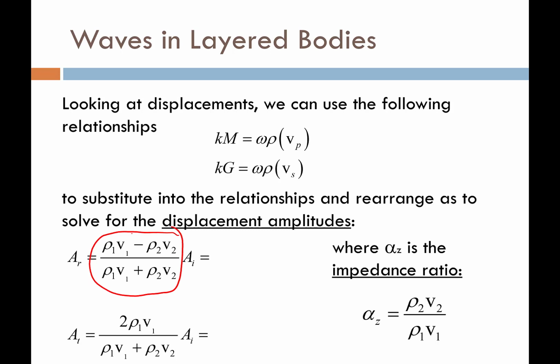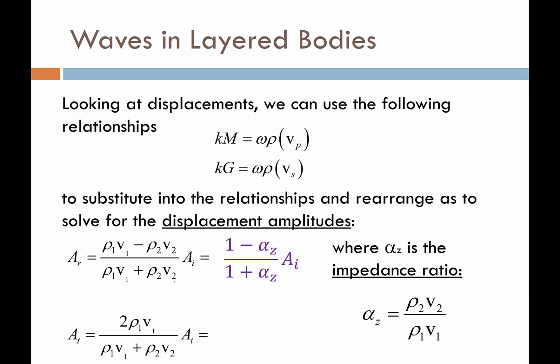You can see it's properties of the first material, the mass density and the propagation velocity of that material, and it's also a function of the mass density and the propagation velocity of the second material. That ratio creates basically a factor that we multiply by the initial incident wave, which we know.